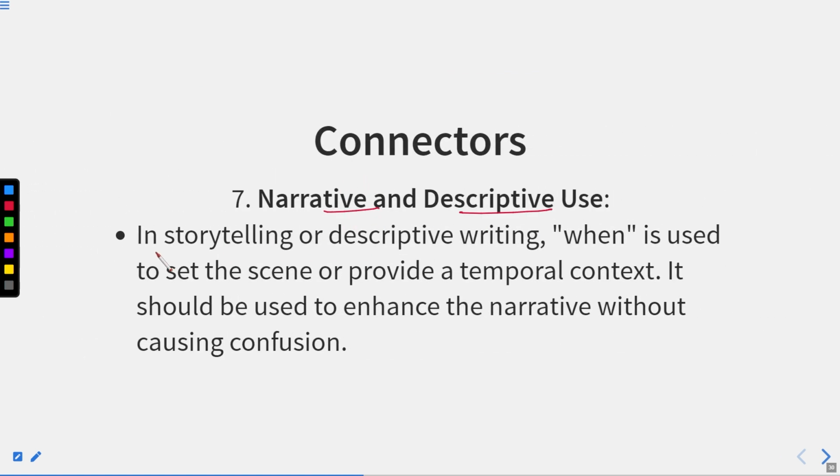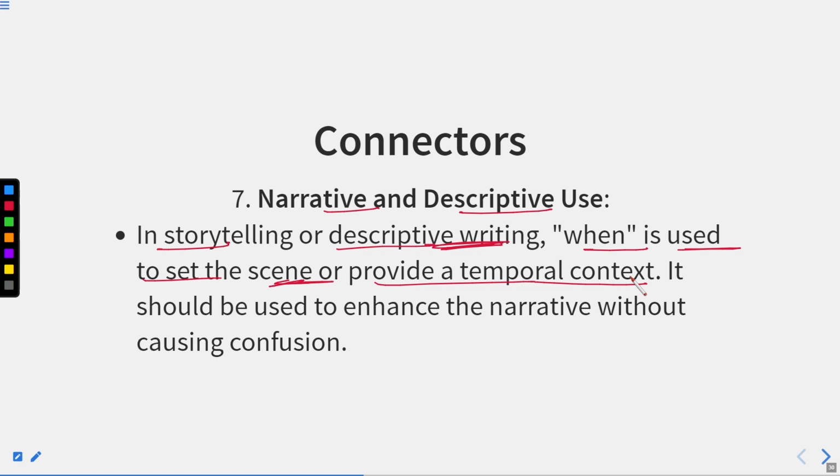Narrative and descriptive use. In storytelling or descriptive writing, when is used to set the scene or provide a temporal context. Temporal means time-based context. So they set a plot or create a spectacle so that you can imagine what is going on in the story.